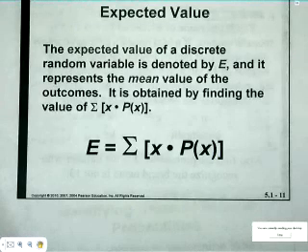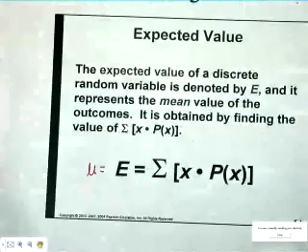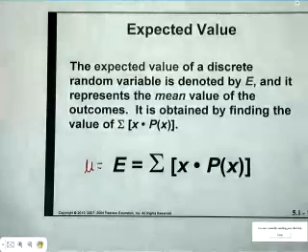So sometimes I may say, find the mean of this probability distribution. Sometimes I may say, find the expected value of this probability distribution. You just have to understand those are two different ways of saying the same thing. So you could put right here that, if you thought it would help. The mean is the same thing as the expected value.